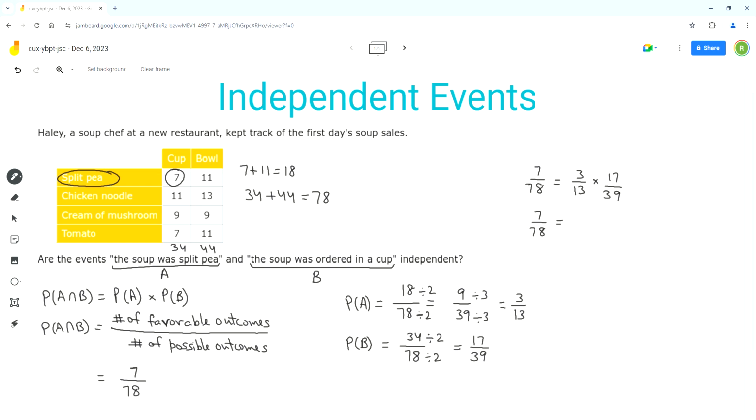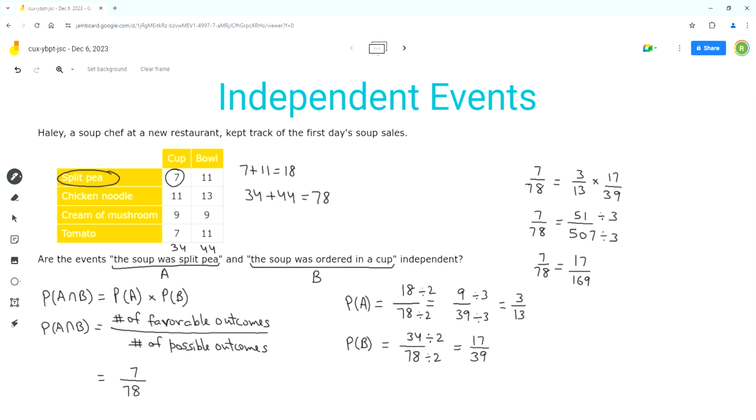So 3 times 17 is 51. 13 times 39 is equal to 507. Now we can simplify the fraction on the right side by dividing the numerator and the denominator by 3. 51 divided by 3 is equal to 17, and 507 divided by 3 is equal to 169.